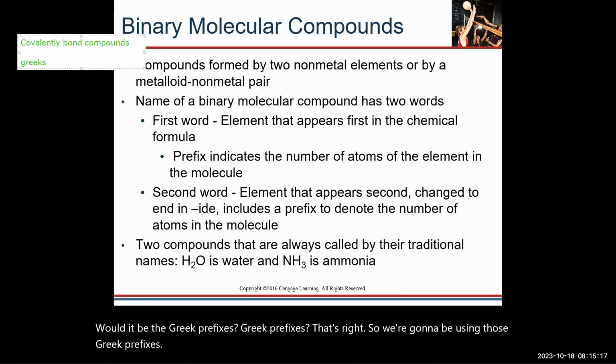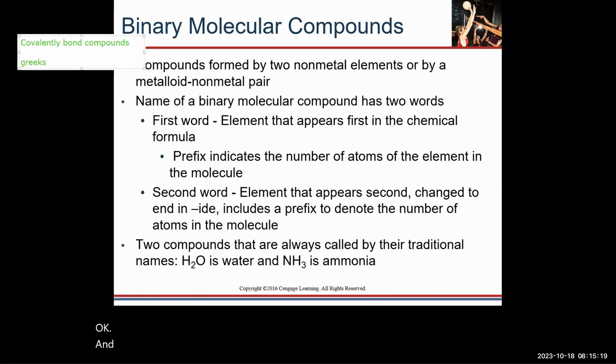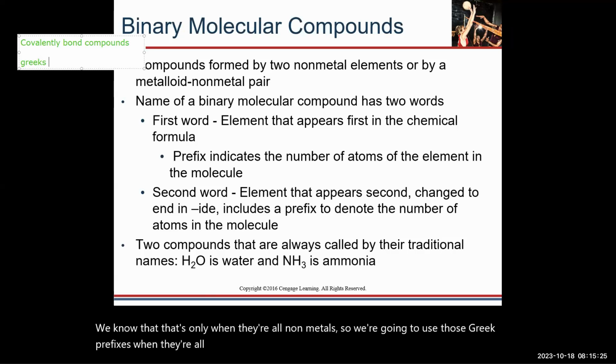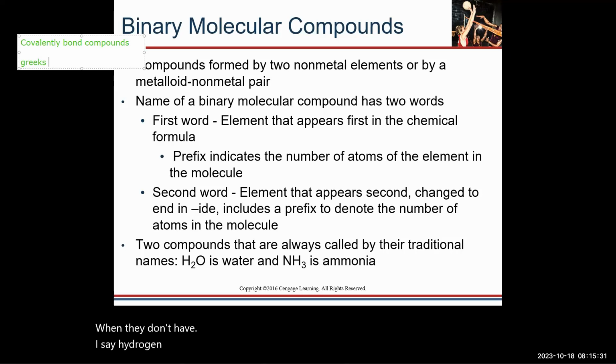Okay, and we know that that's only when they're all nonmetals. So we're going to use those Greek prefixes when they're all nonmetals, and also when they don't have, let's say, hydrogen and AQ next to them, because we learned how to do acids as well, right?